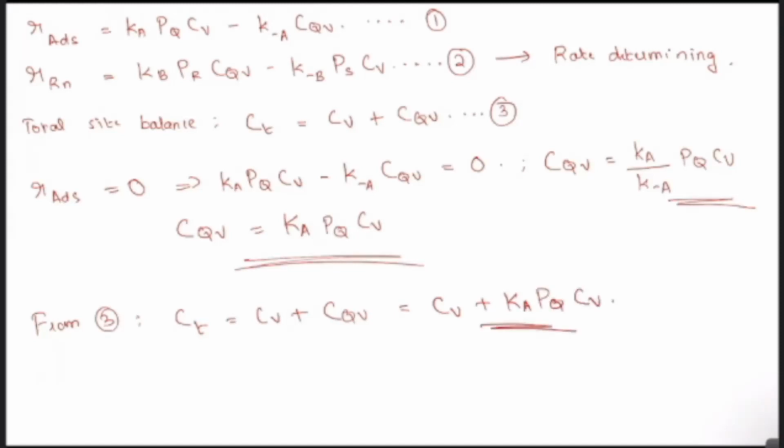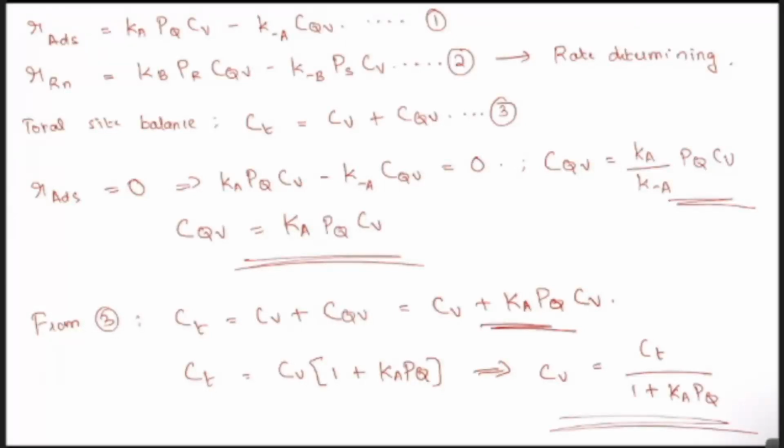So from this, if we rearrange, we can write the term CV separately. CT will be CV into (1 plus Ka PQ), or CV will be equal to CT by (1 plus Ka PQ). So let's take this as equation 4 and this as equation 5.